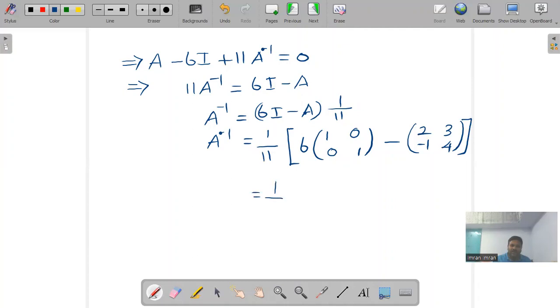So finally, A inverse becomes 1 by 11 times the matrix 6 minus 2, 4, minus 3, plus 1, 6 minus 4 is 2. This is our A inverse.